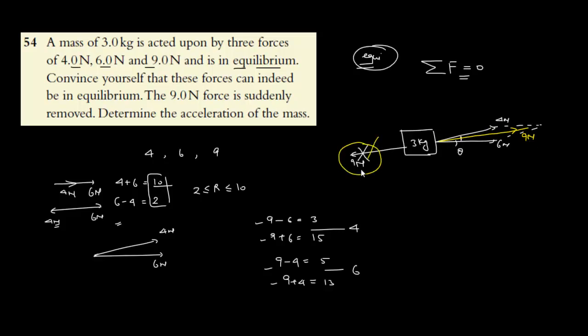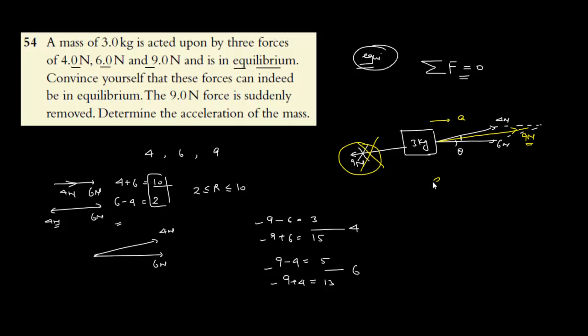Now when I have removed this 9 Newton force, the net resultant force on this 3 kg block is still 9 Newton in this direction. Earlier this 9 and this 9 were cancelling each other. Now only this 9 Newton is left, which is the resultant of 4 and 6. So he is asking what the acceleration is in such a situation.